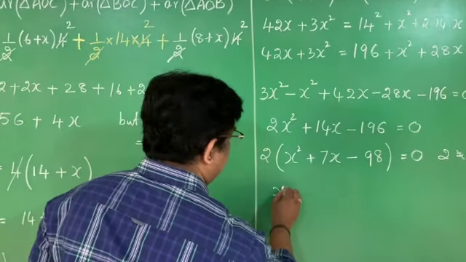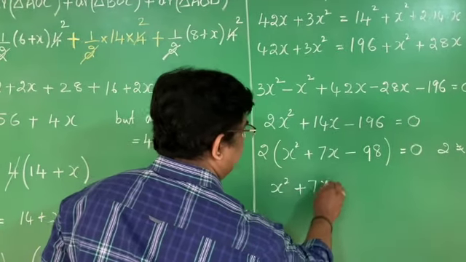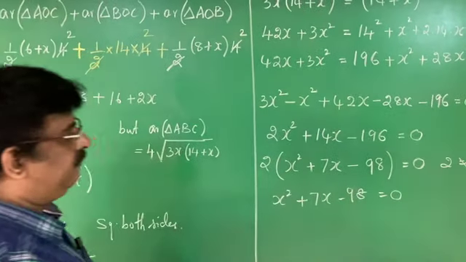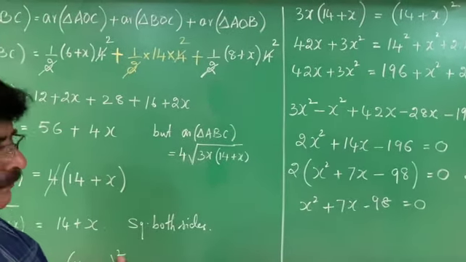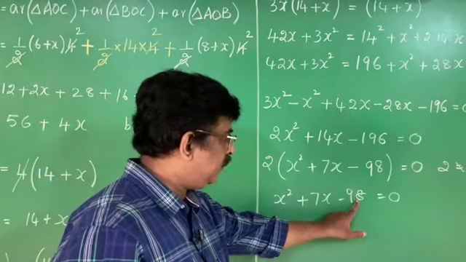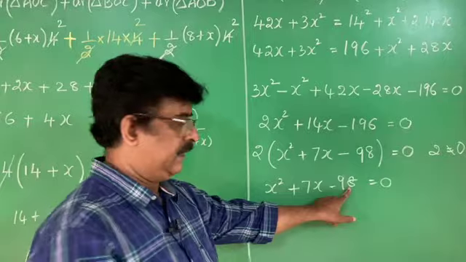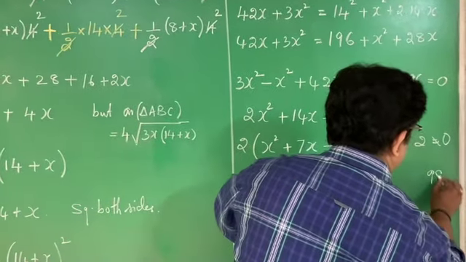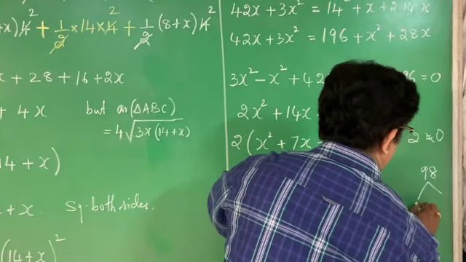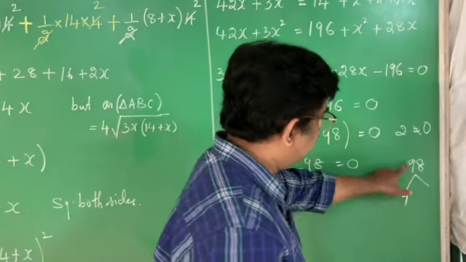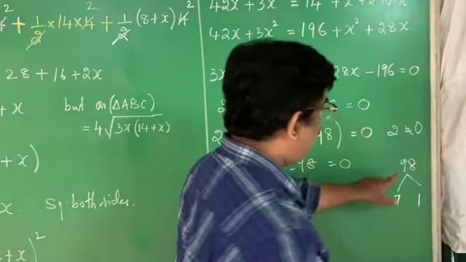Then you have to factorize this. x square plus 7x minus 98 is equal to 0. You have to identify the factors of 98. 98 factors are 14 sevens are 98 or 7 14s. If I divide by 7, 7 ones are 7. How much is left? 2.